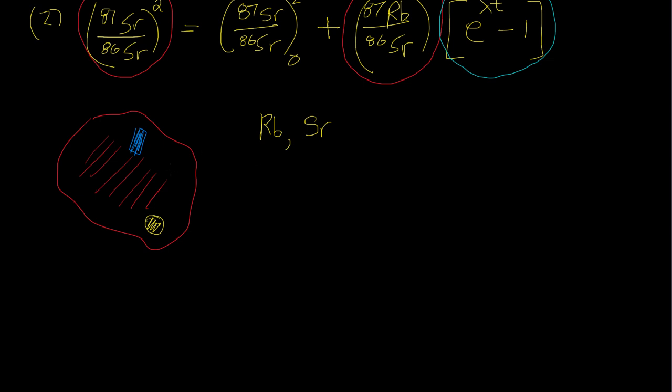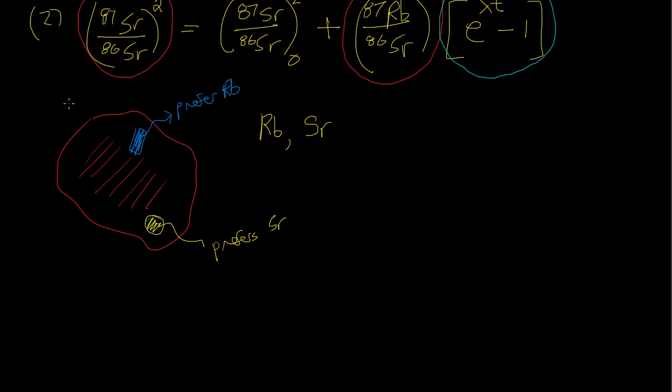So it's reasonable to expect, for example, that the plagioclase feldspar mineral here might prefer rubidium more than the magnetite mineral here, which, let's say, prefers strontium.